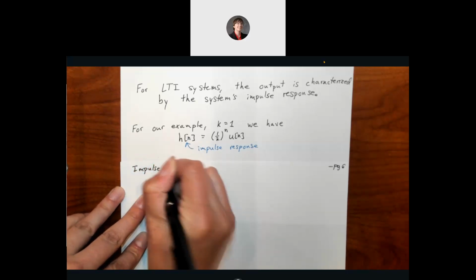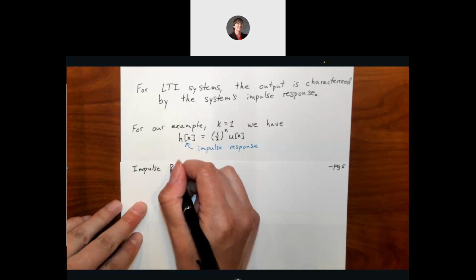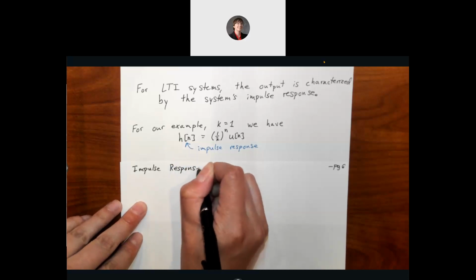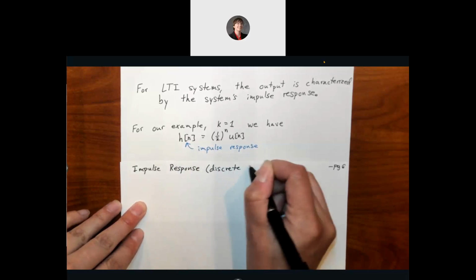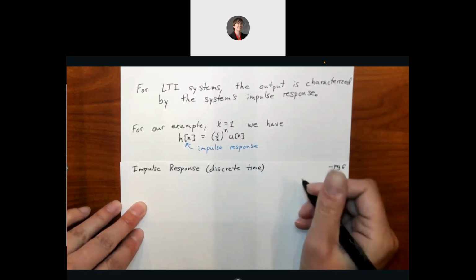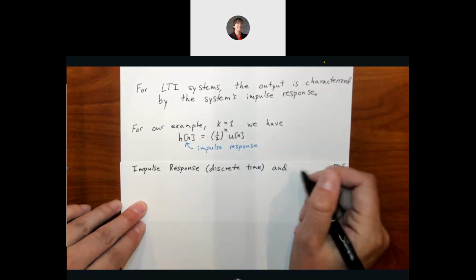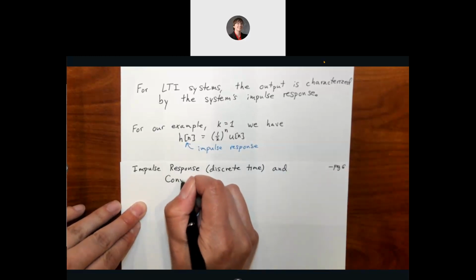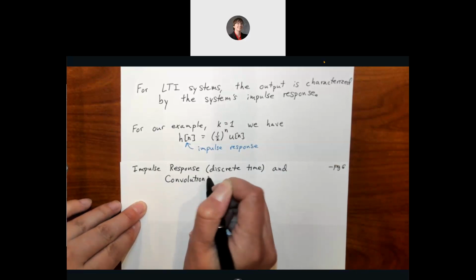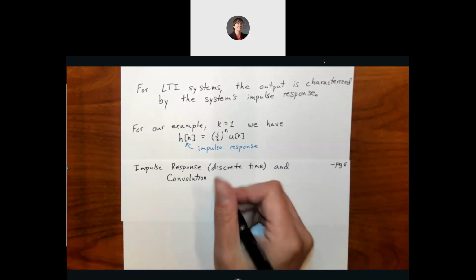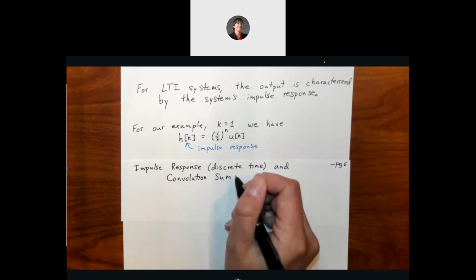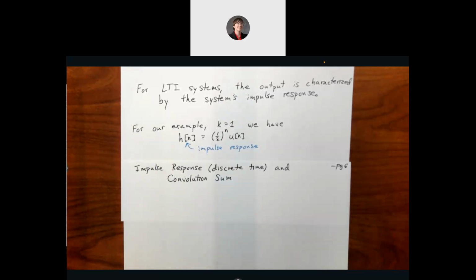So we'll first look at this for the discrete time case, and next time we'll look at what the extension is for continuous time. And what we'll find is that convolution, which is going to be a way that we can figure out our y given any x in discrete time, is going to look like a summation.